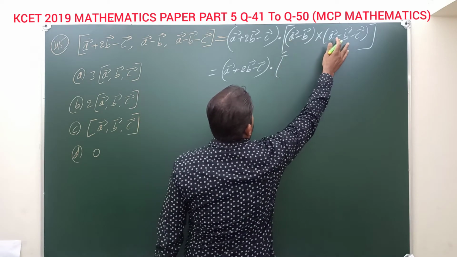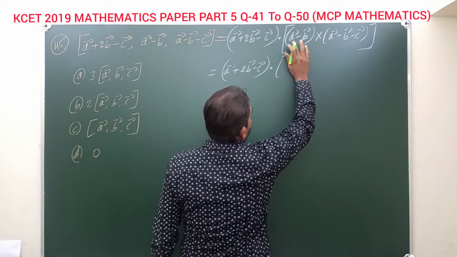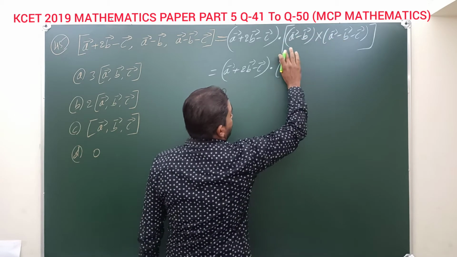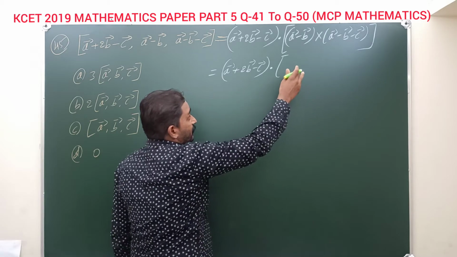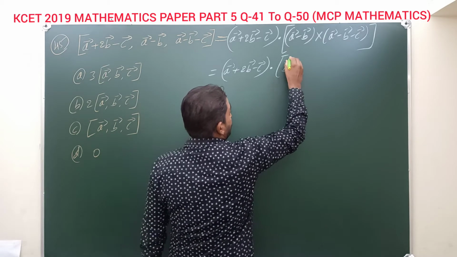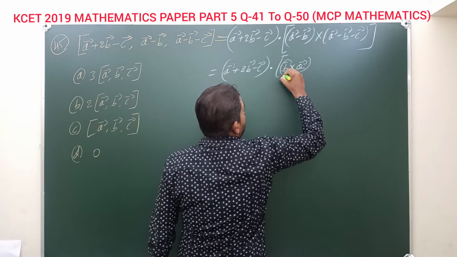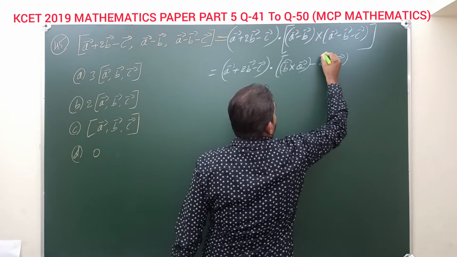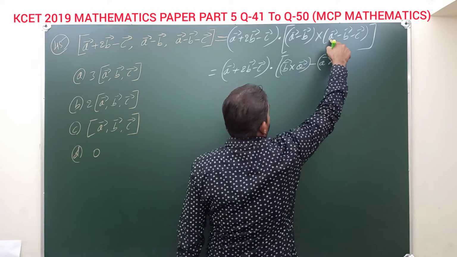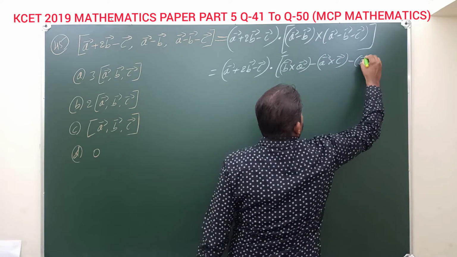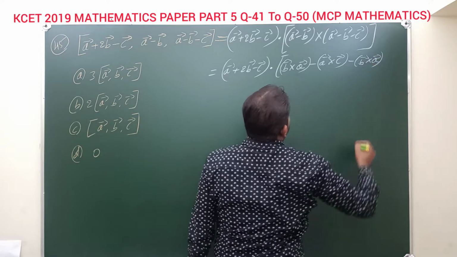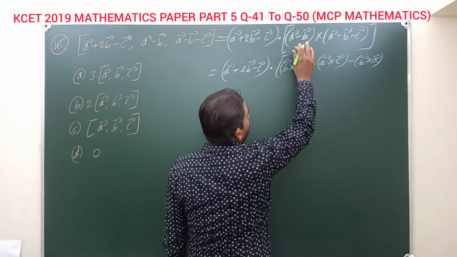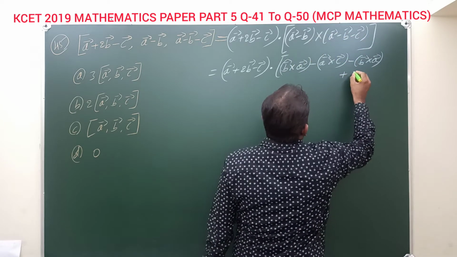Next, plus into minus, minus A cross B, so the minus removed becomes B cross A. Next A cross C minus A cross C. Next minus B cross A minus B cross A. Next minus into minus plus B cross B is 0. It becomes minus into minus plus B cross C.